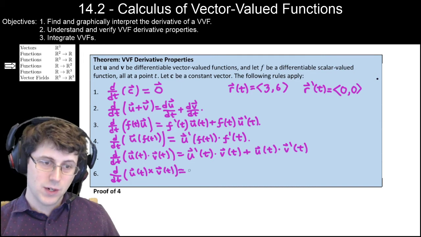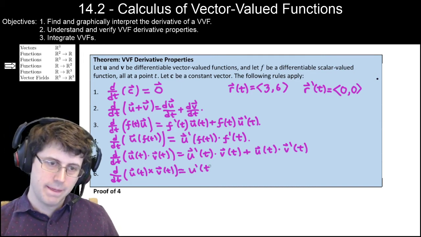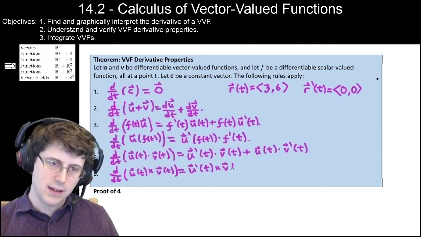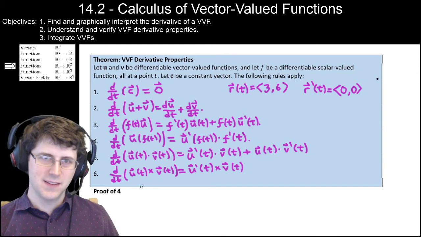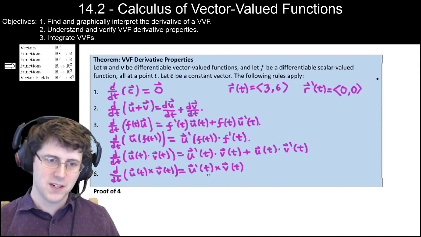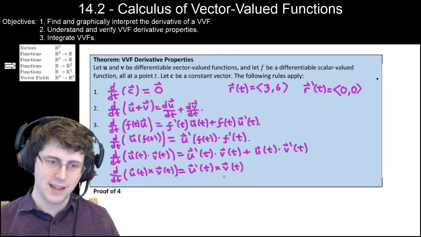And that rule works just the same with the cross product. As long as, if it was u cross v, all of your results are all u first and then v.